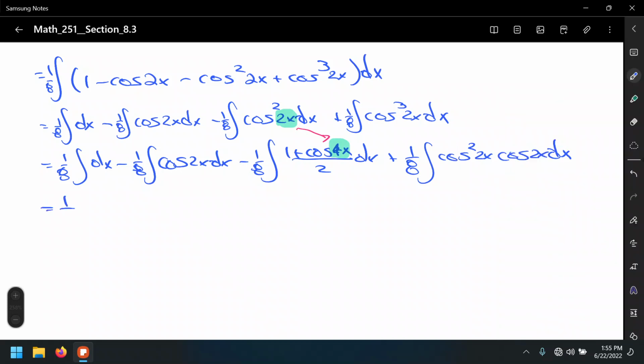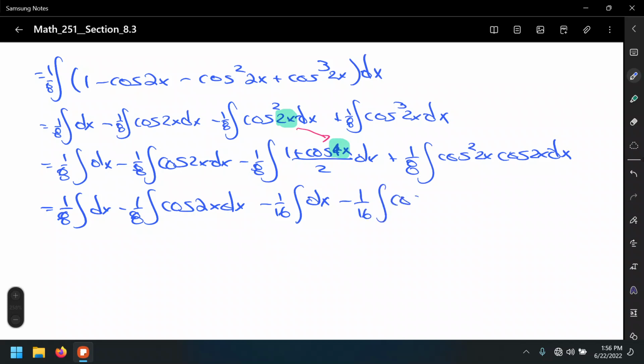So that's 1/8 integral dx minus 1/8 the integral of cosine 2x dx minus 1/16 the integral of 1 dx minus 1/16 integral of cosine 4x dx.